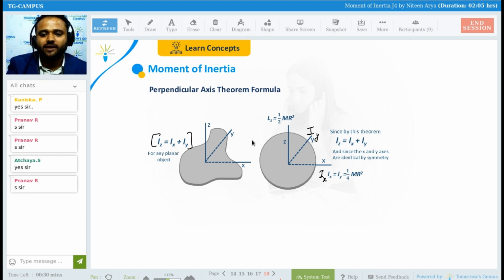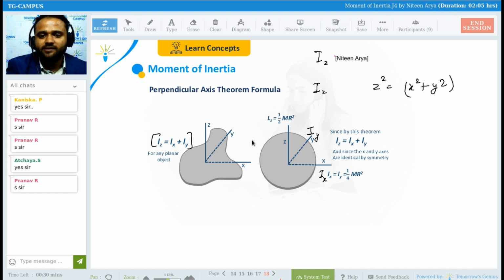Since the x and y axes are identical by symmetry, and the same sense because R, the same analogy I can put along this R, along this Z. Z square is nothing but x square plus y square, right? Clear?